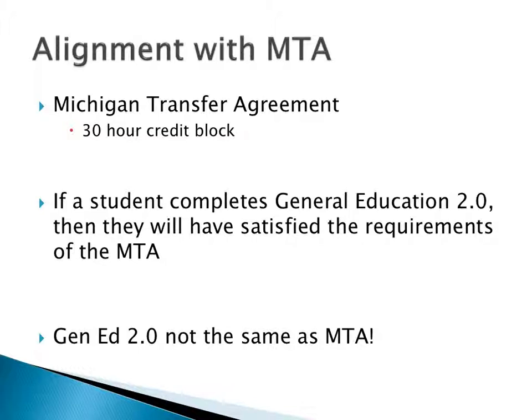Now, the other way is not necessarily true. They can satisfy the requirements of the Michigan Transfer Agreement and not complete Gen Ed 2.0. So Gen Ed 2.0 guarantees that you satisfy the MTA, but there are also other ways to satisfy the MTA.